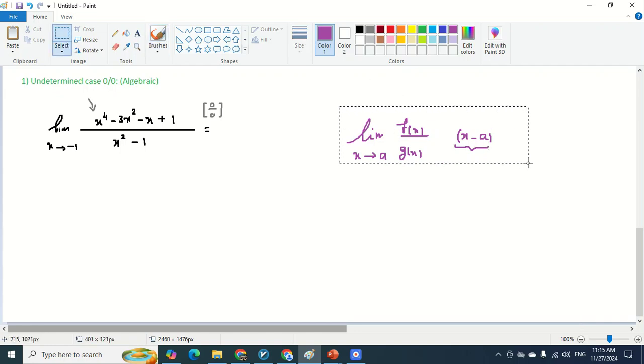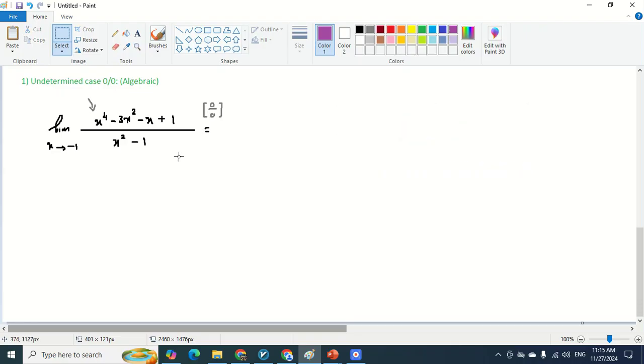So let us take a look at this expression that we have, x^4 minus 3x^2 minus x plus 1. As you know, x tends to minus 1, so we just rewrite that expression, and the exponents should be in descending order, meaning the powers should decrease.